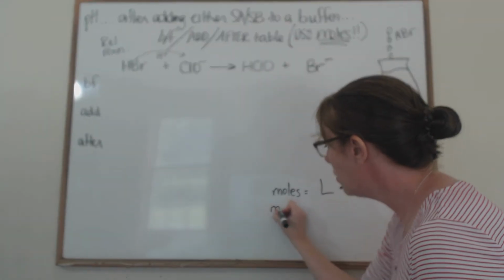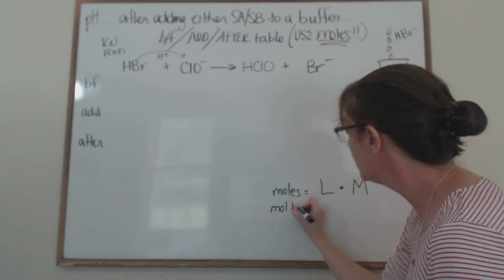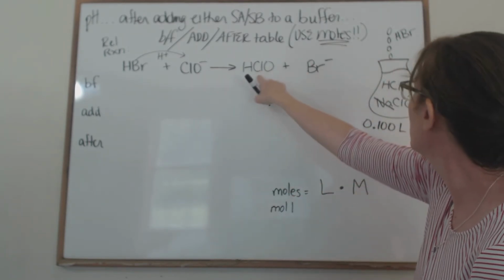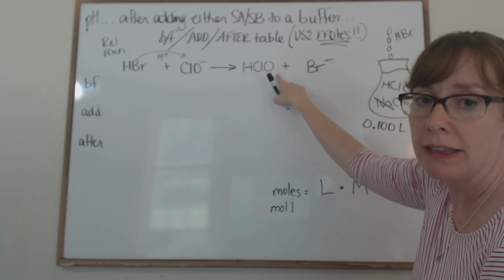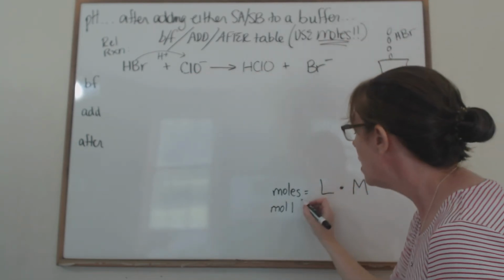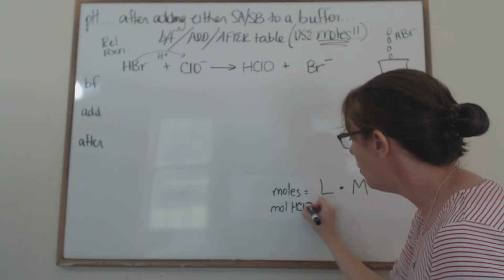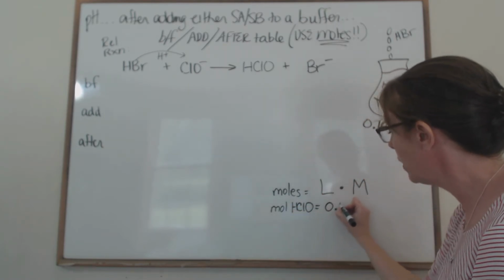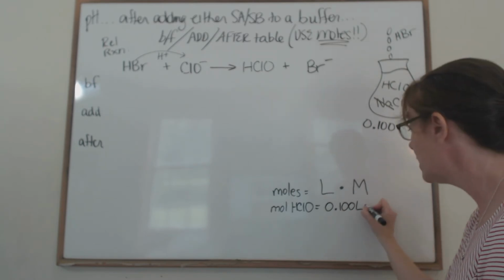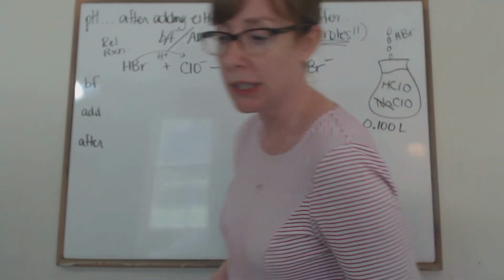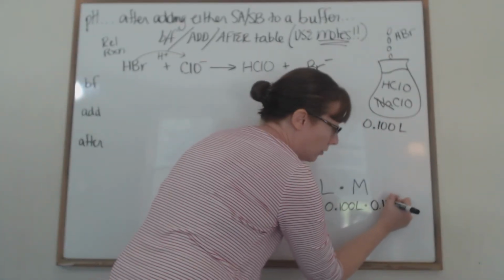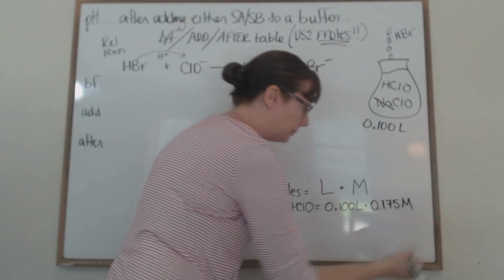So to get the moles of HClO, because before we've added anything, you have this and you have this. These are the two species you have before you've added anything. To get the moles of HClO, we're going to use the liters, which was 0.100 liters, because that's the same as 100 mL. And we're going to times it by the molarity of HClO, that is 0.175 molar.